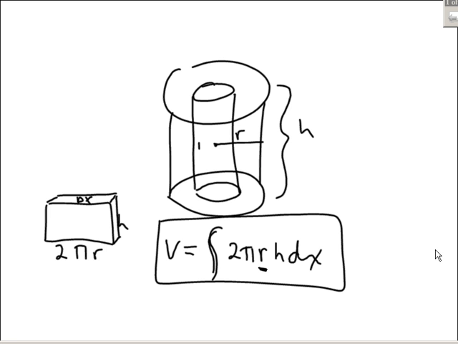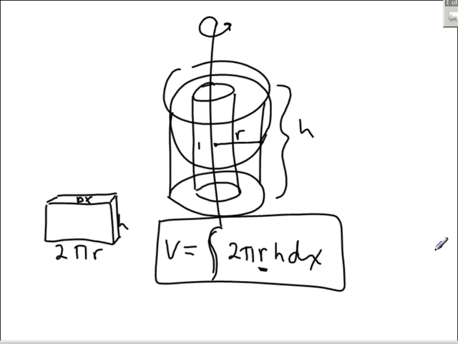The radius, or r, is how far you are away from where you're revolving. We are going to revolve around the x-axis, say. And the last sheet of paper is going to have a different radius. r is going to change, and the height is going to be whatever it is.